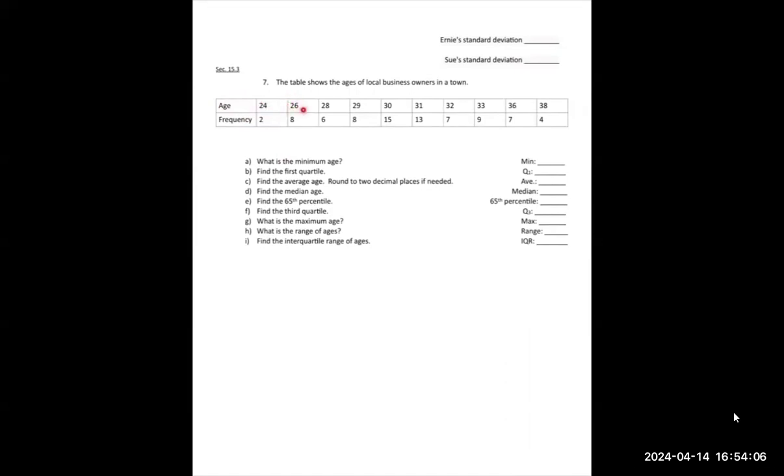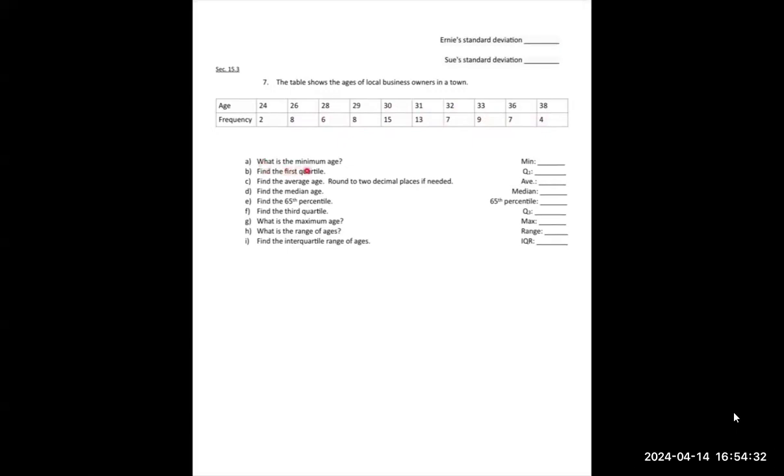And there were 8 business owners who were 26 years old, 6 business owners that were 28 years old, 8 business owners that were 29, 15 that were 30, 13 that were 31, 7 that were 32, 9 business owners were 33, 7 business owners were 36, 4 business owners were 38. So that's the results of their study.